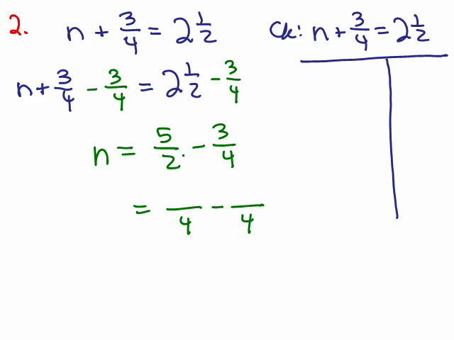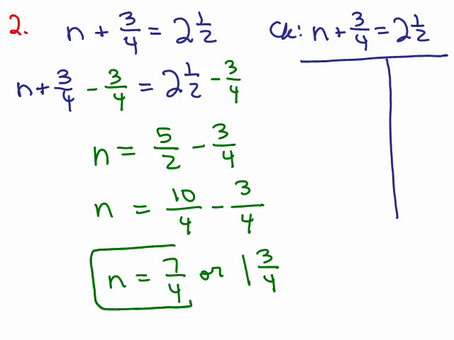So I would multiply the top and bottom of the 5/2 by 2 to get 10/4 minus 3/4. And that's 7/4. Or 1 3/4, which we got when we thought of $1.75 also. So it looks like n is 7/4, but of course you could write that as a mixed number.